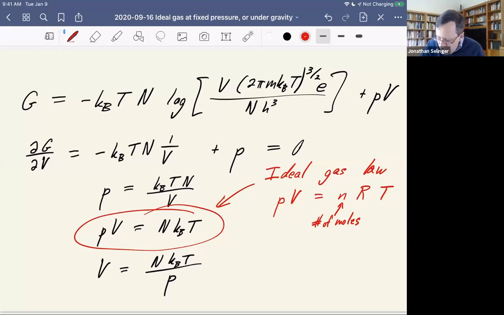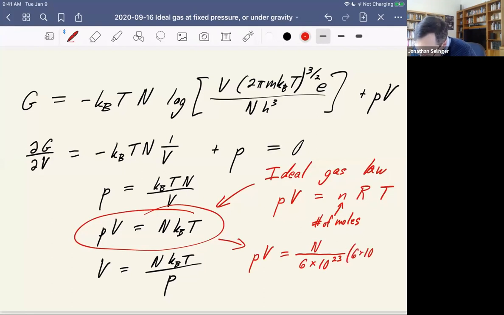The way to see that they're equivalent is if you take the version that I showed you and you multiply and divide by Avogadro's number. So you have PV is N divided by 6 times 10 to the 23rd, times 6 times 10 to the 23rd times Boltzmann's constant times temperature.